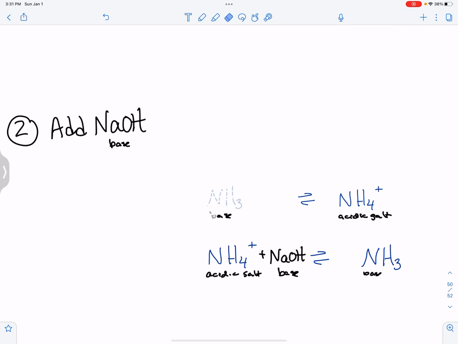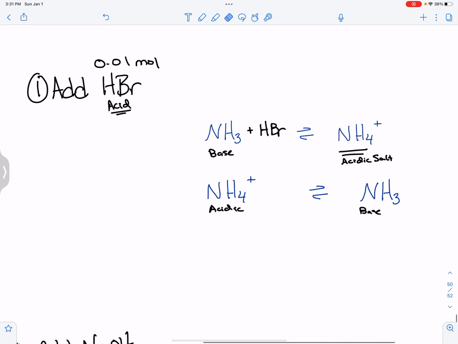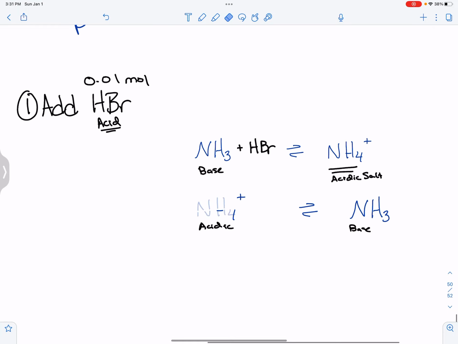And it's not in this direction, it's the other direction. Whereas up here, this one's reacting with the NH3, not the NH4 part, and I don't need this direction. So that's the first thing. You've got to make sure that you identify where's the base in the buffer or where's the acid, what I'm adding, and which side it's going to react with.